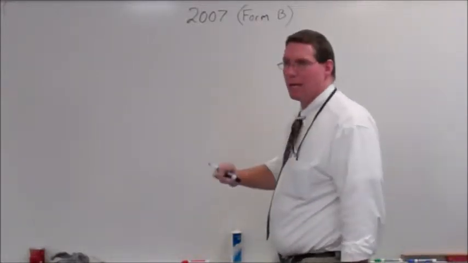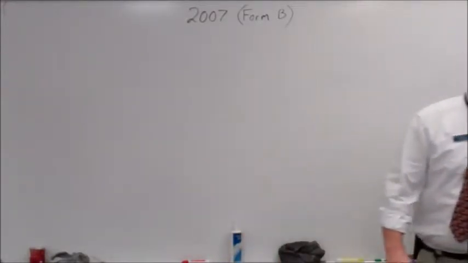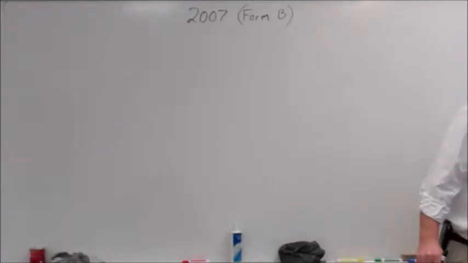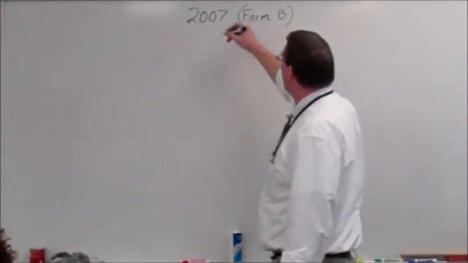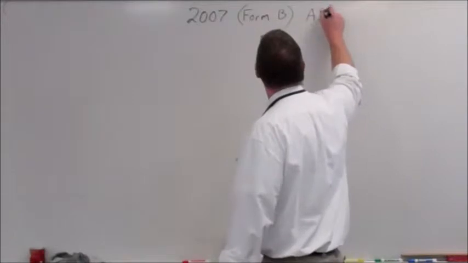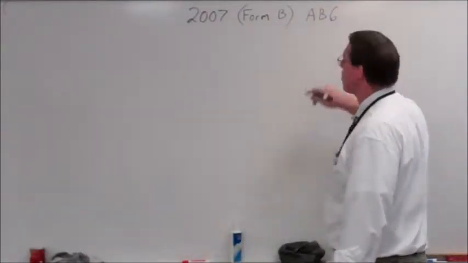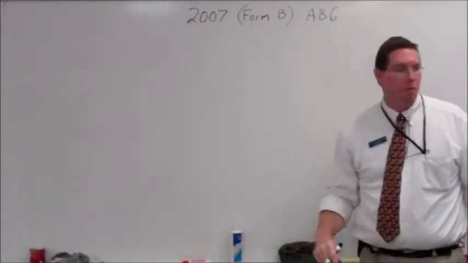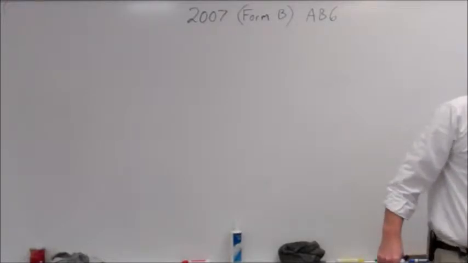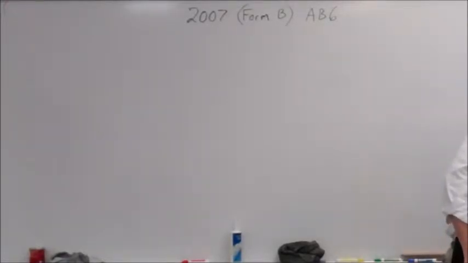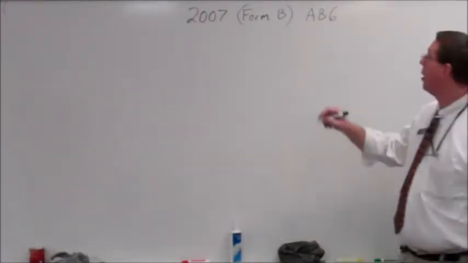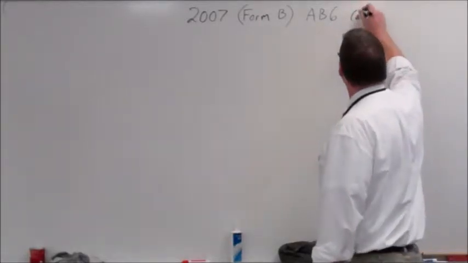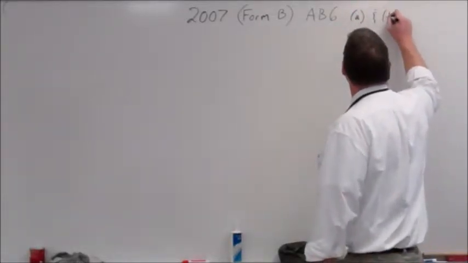So 2007, Form B, question number 6. This is what we say, AB, meaning it's the AB exam, question number 6, AB 6, free response question. And we are going to do parts A and B.